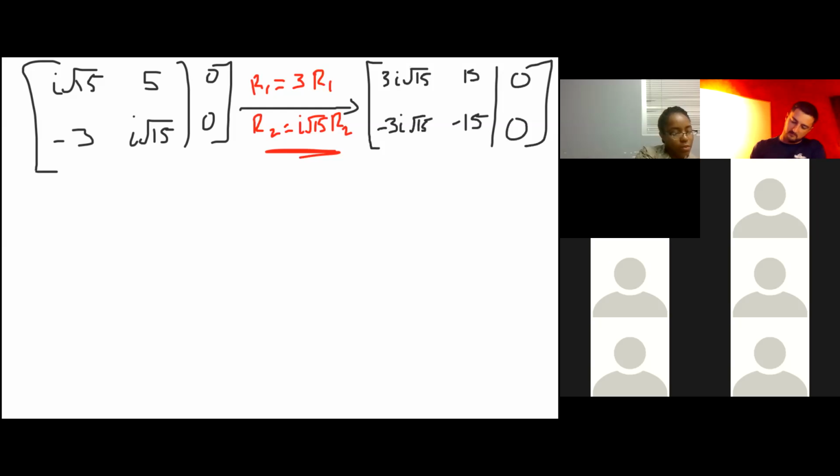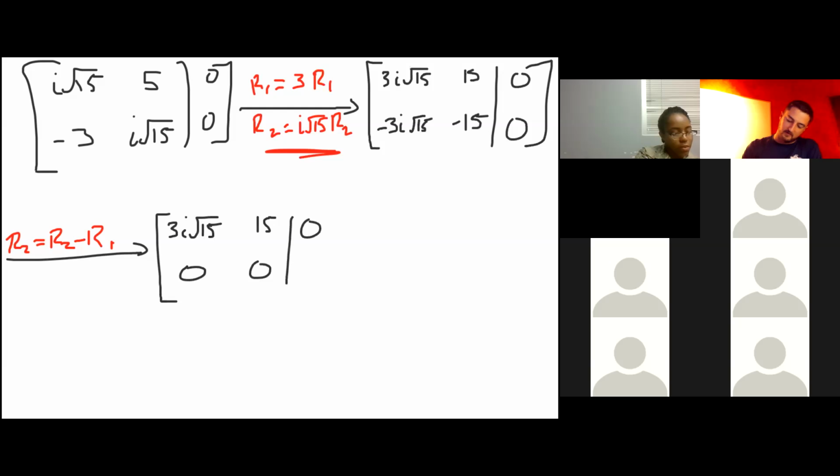I'm going to do row 2 minus row 1. So then that gives me 3i square root of 15, 15, 0, 0, 0, 0. Which then I can convert back into a system of equations.